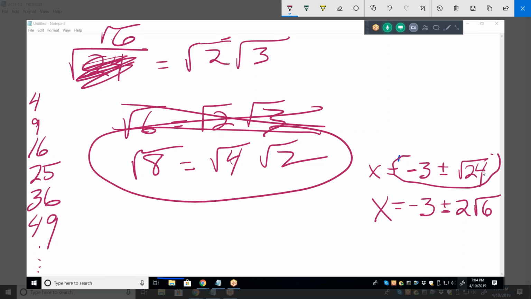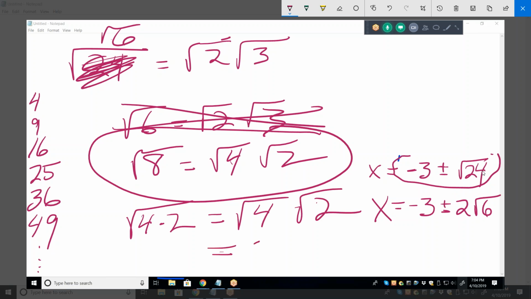I've got square root of 8. Whatever I can factor 8, I can write. That's the same as the square root of 4 times 2. That's the same as the square root of 4 times the square root of 2. And that is the same as 2 square root of 2.